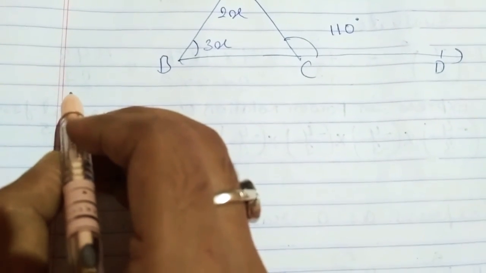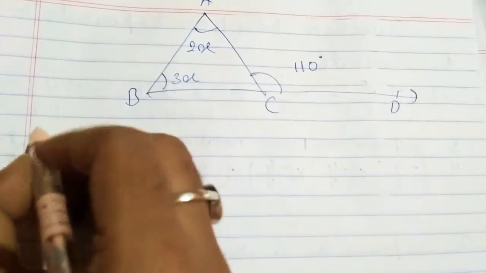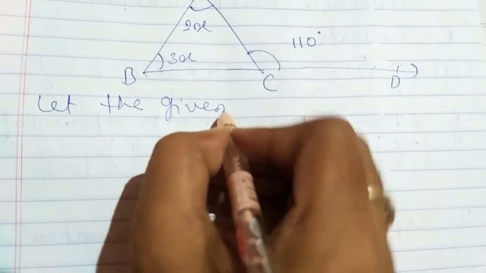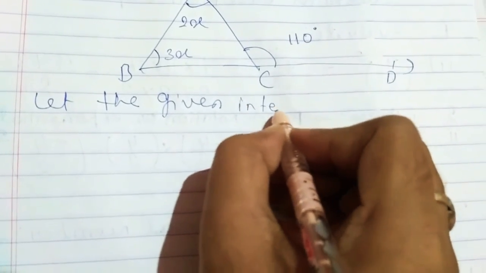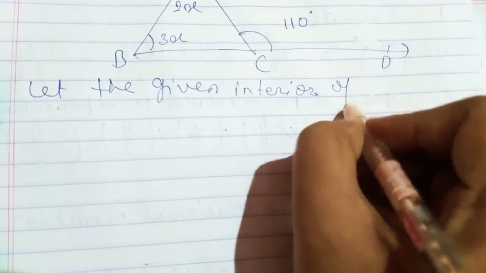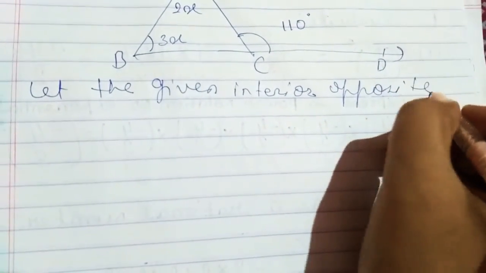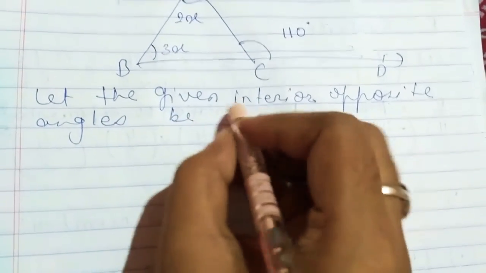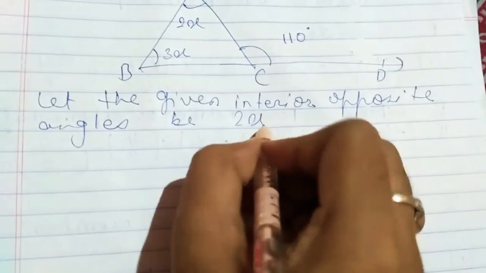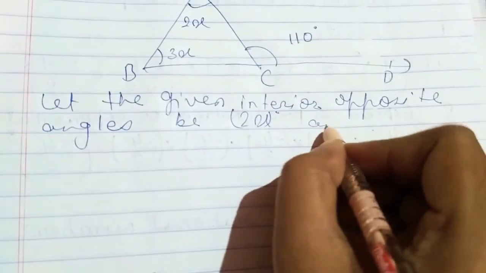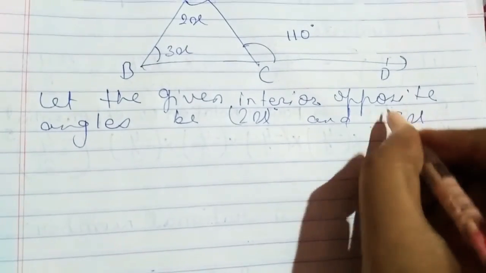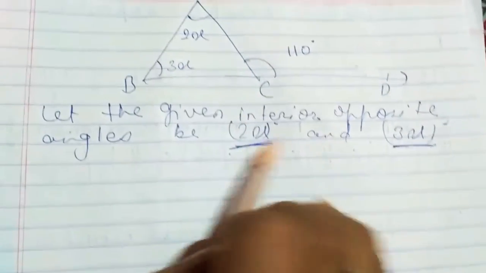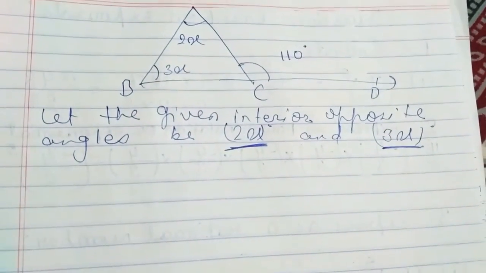First you have to let the given interior opposite angles be 2x degree and 3x degree.